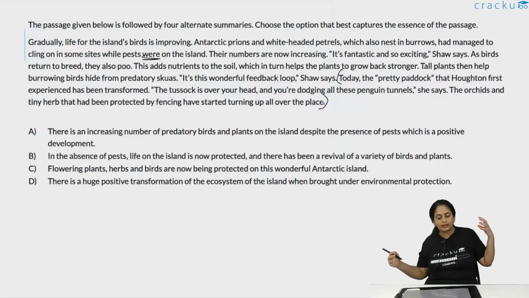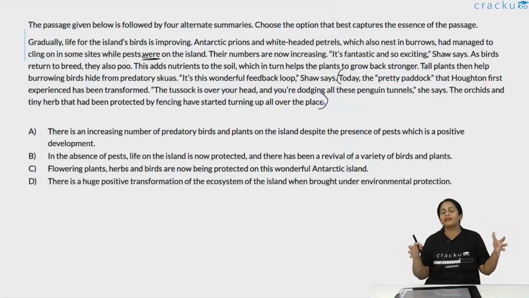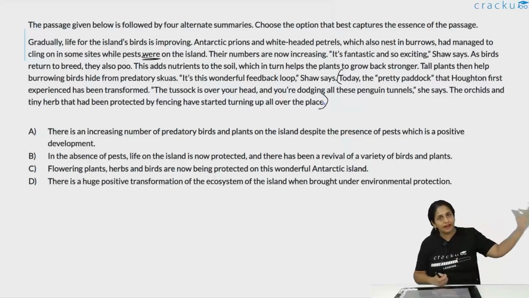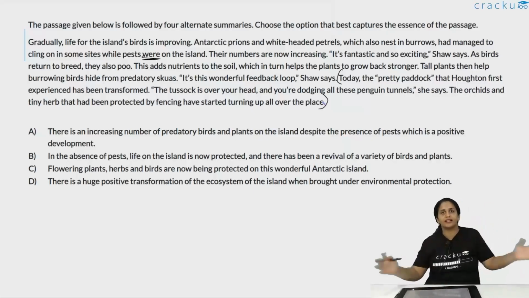Earlier you had to protect the herbs and the orchids with fencing to prevent them from being taken down by the pests. Now they are growing wild. So the plants and the bird population have increased quite a bit, and this is because the pests have left the island. They were on the island, and now that they have left the island, everything has grown quite a bit.